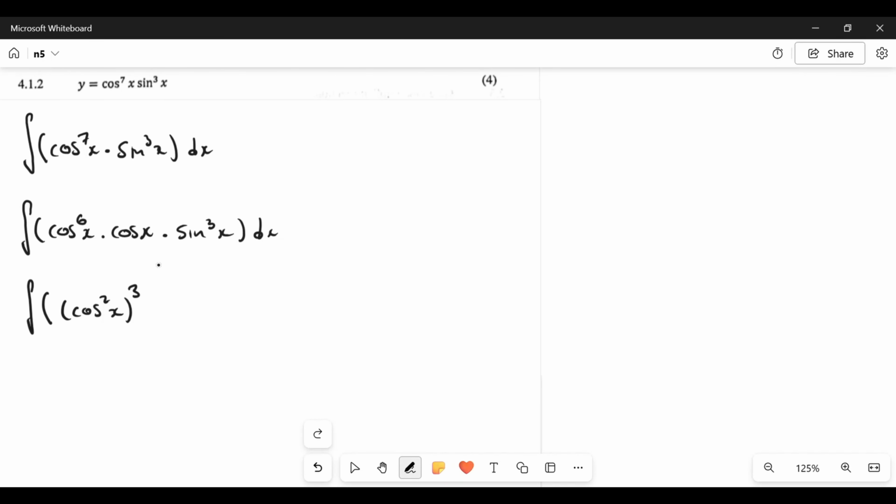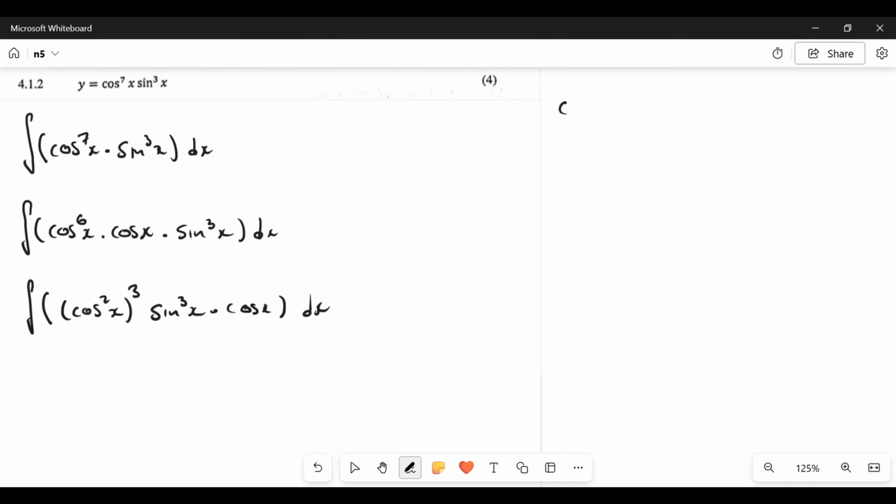Right, let's continue. So let me just write it like this for now. Sine to the power of 3x multiplied by cos x, and then we close bracket and then dx here. Remember, I said earlier, we need to change cos in terms of sine. So how are we going to do that? We need to use the square identity.